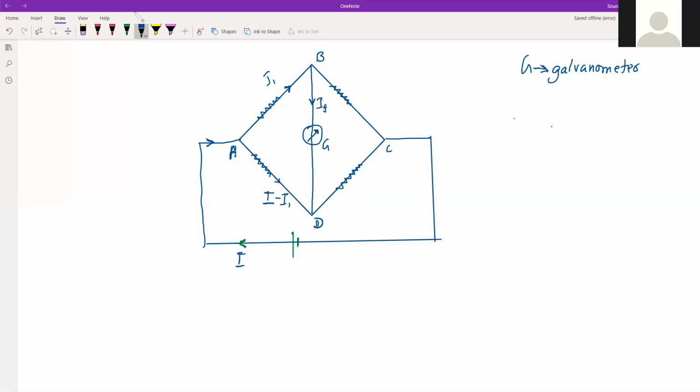So IG is the current through the galvanometer. If our calculations are wrong, we'll get the value of IG as negative, which means our assumed direction was wrong and it has to be reversed.